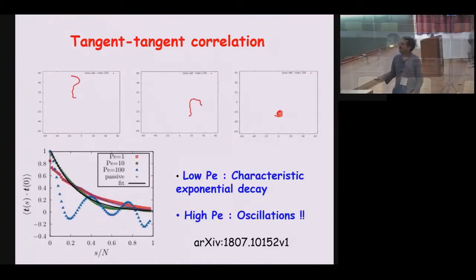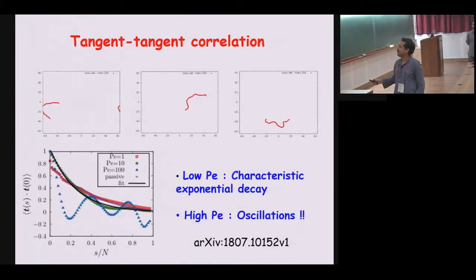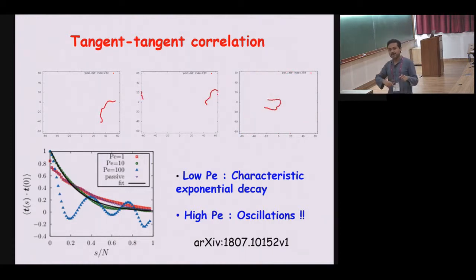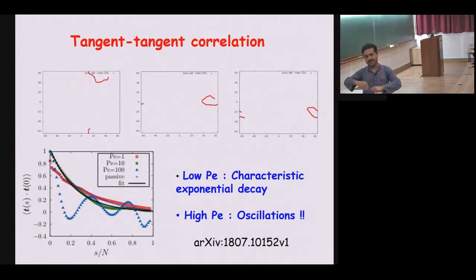Yes, that's true. If you are at very low Peclet, you don't see that; it goes down exponentially. Whereas at high Peclet, remember, it goes between a coiled up state and an open state.